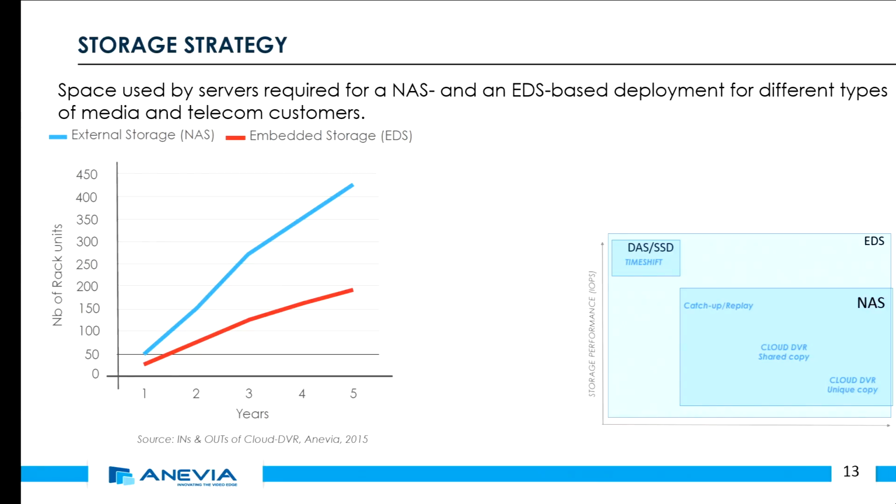But the interesting point of that technology is that if we look at the space required for such a cloud DVR deployment, in case of a NAS deployment, you will need a lot of different streaming servers to pile up to deliver the required streaming capacity.